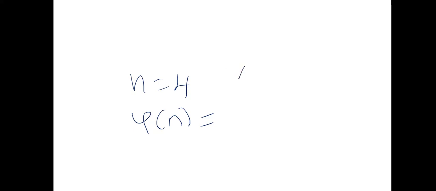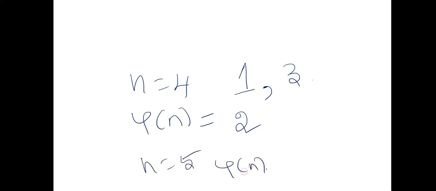So 1 is relatively prime to 4 and 3 is relatively prime to 4. Therefore phi of n is 2, right? And if you take n is equal to 5, then phi of n is 4 because there are the numbers 1, 2, 3, 4, 4 numbers less than 5 and relatively prime to 5.